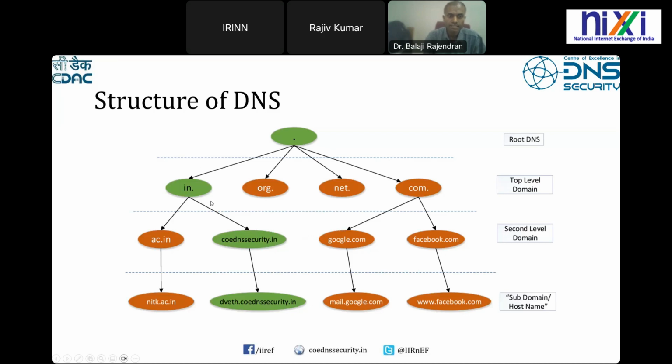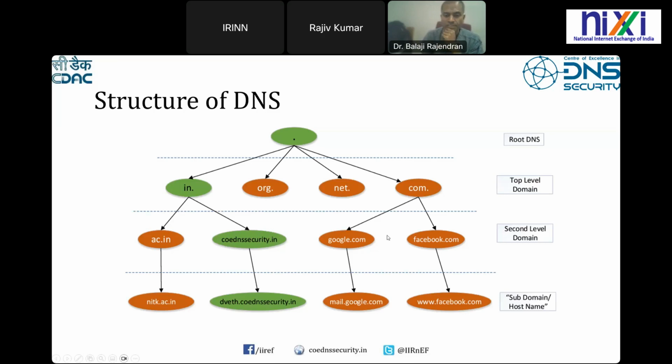So under the .in domain, this particular stretch ac.in and coidnssecurity.in falls under the .in namespace, while dwayth.coidnssecurity.in or tools.coidnssecurity.in falls under the coidnssecurity.in namespace. So that is the point.